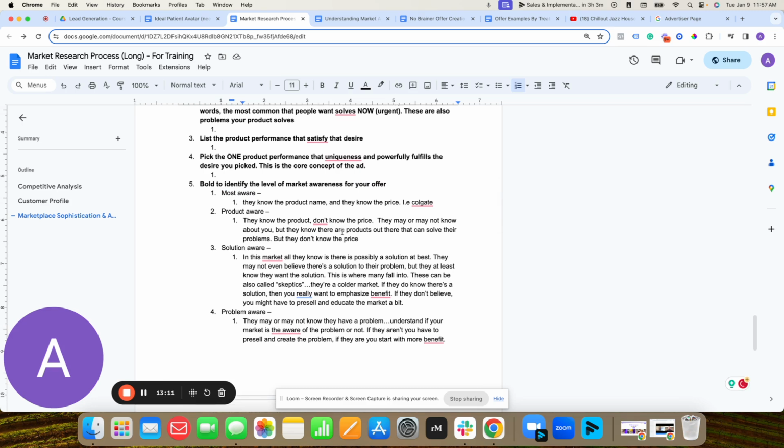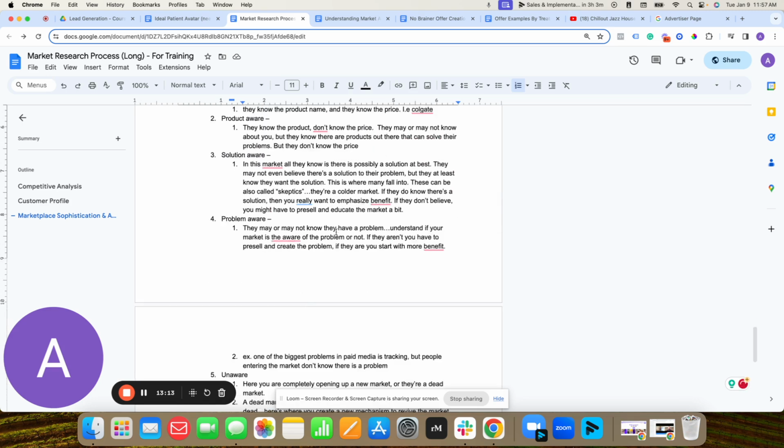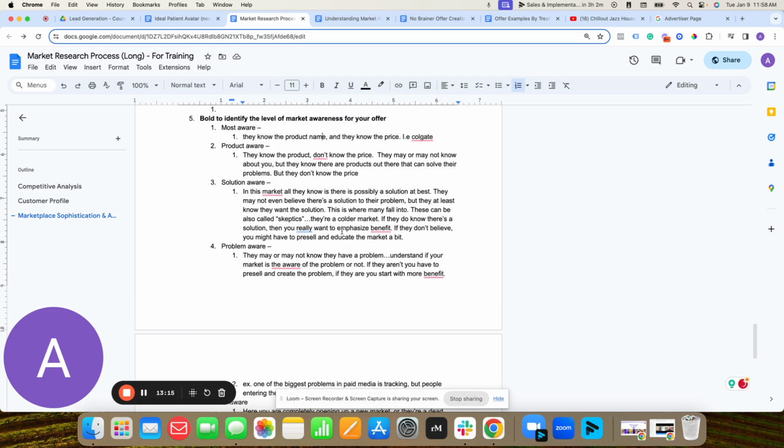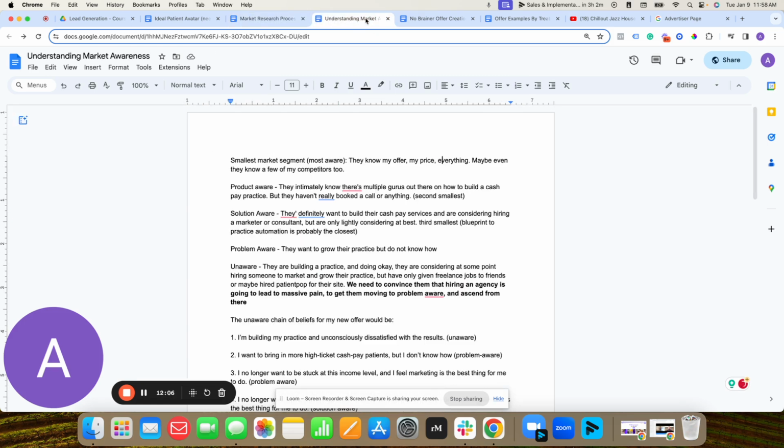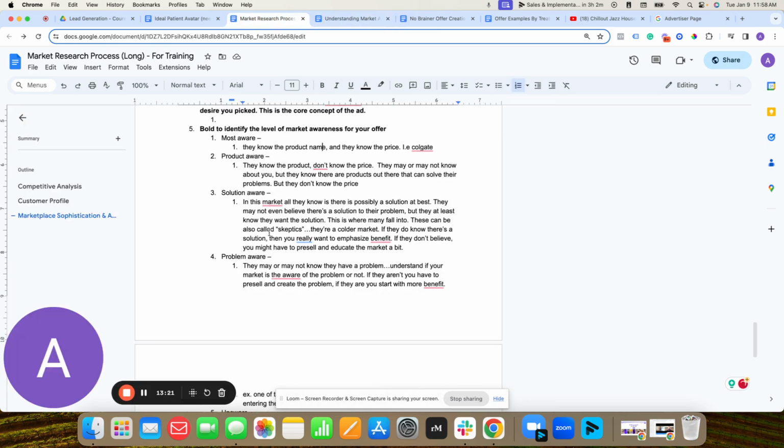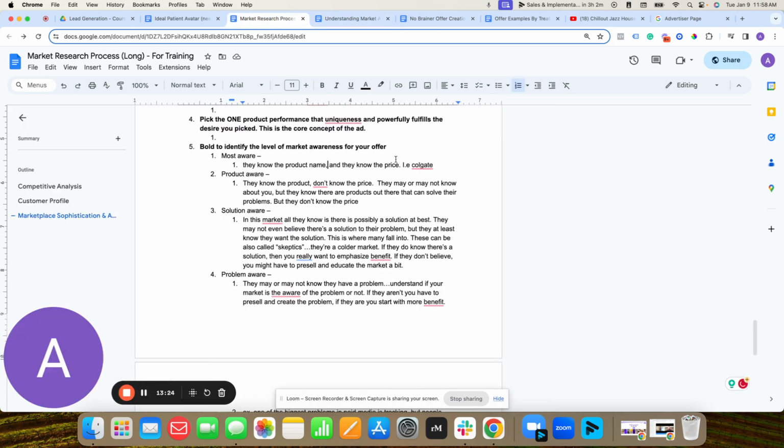This is getting into the different types of awareness that exist. I'm going to go through this kind of slow here. The first is what I think a lot of doctors assume about all of their treatments and procedures. They assume that people know the product name and know the price.